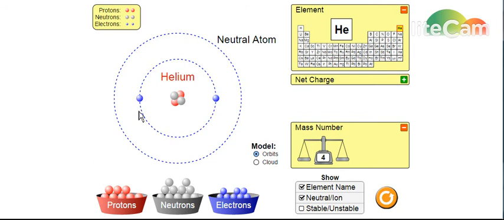These electrons will be in the first electron shell because the first electron shell can hold 2 electrons. And we're finished. We've made helium with 2 protons, a mass of 4 because it has 4 particles in the nucleus, and it's neutral because the number of protons matches the number of electrons.